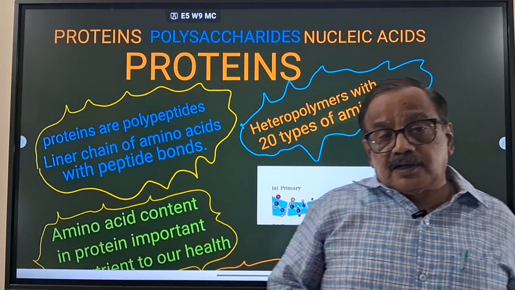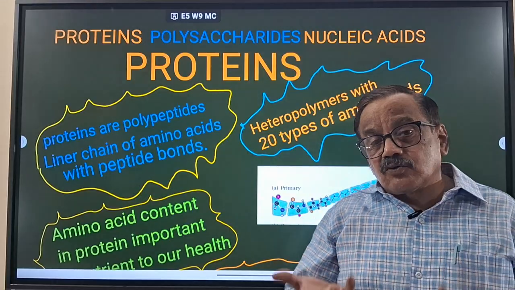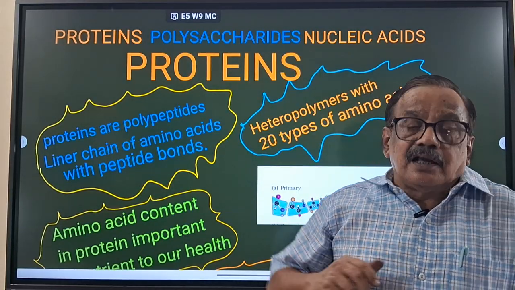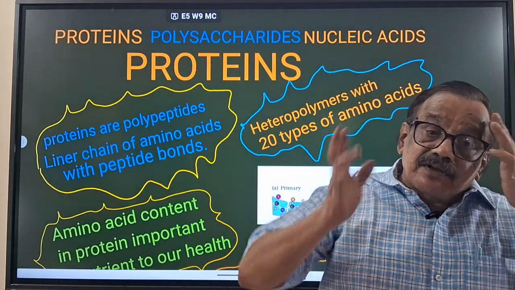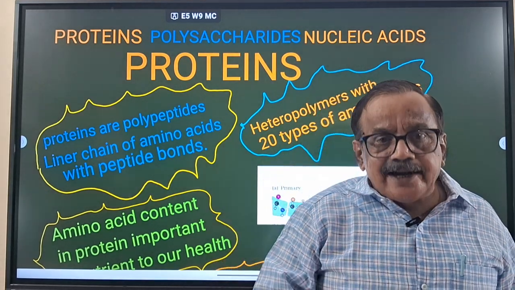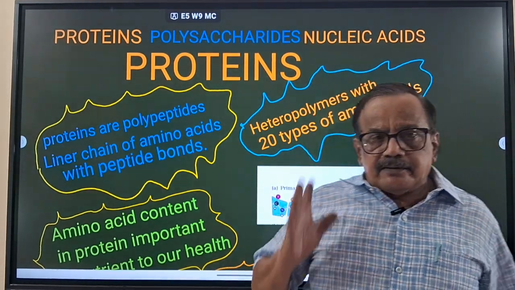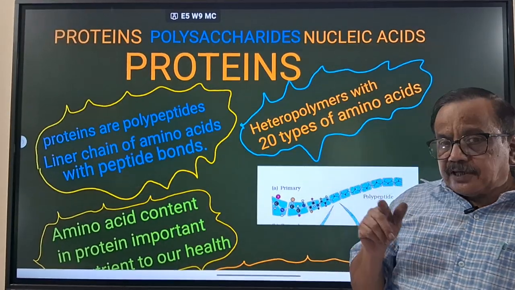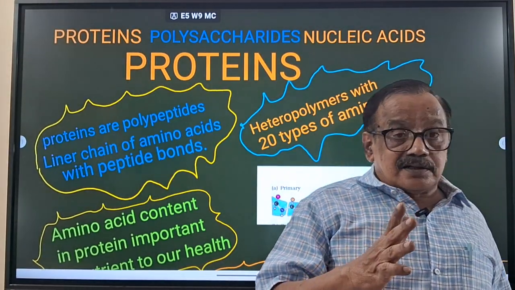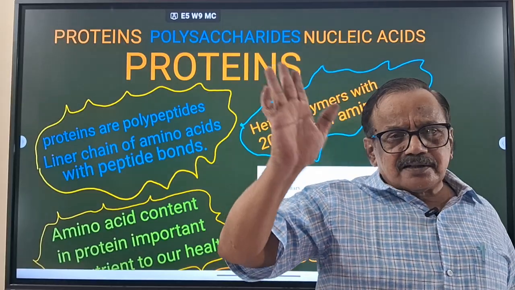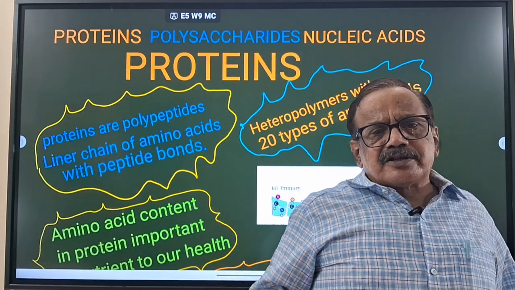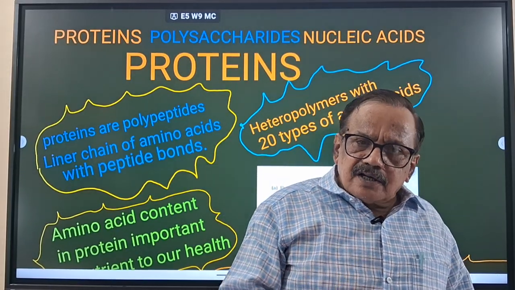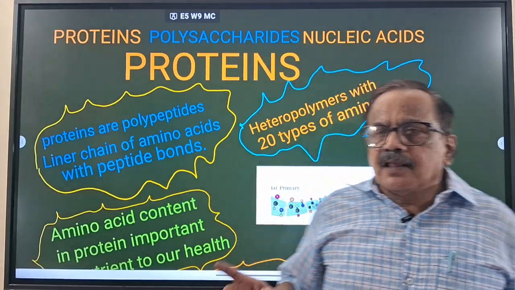In this heteropolymer, there are many kinds of monomers. There are 20 types of amino acids that participate in protein formation. Nearly 100 amino acids exist, but only 20 participate in the formation of proteins.